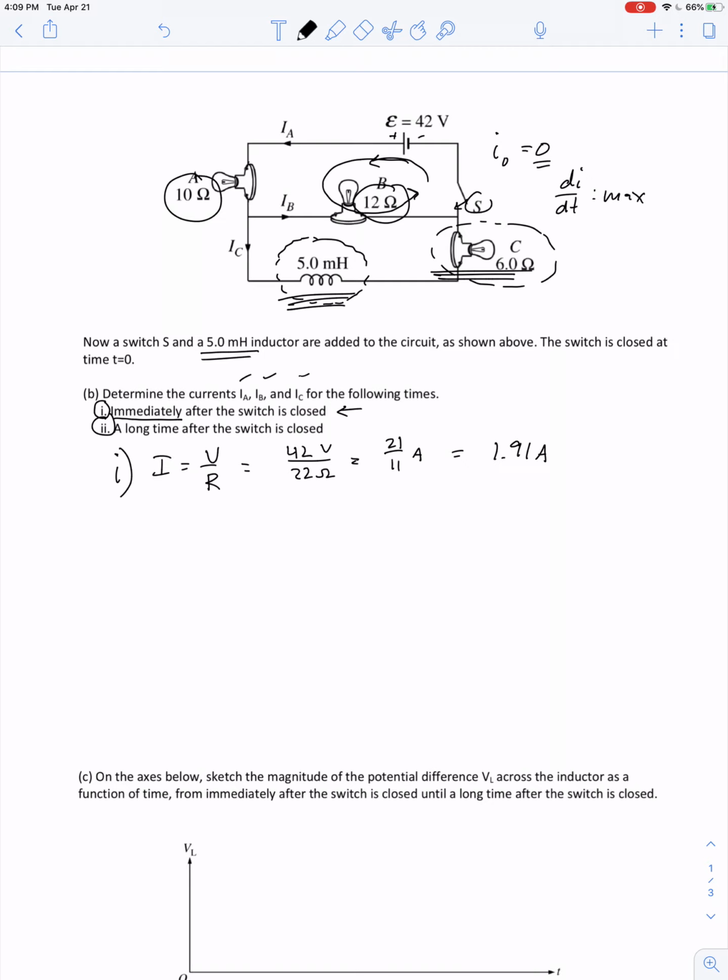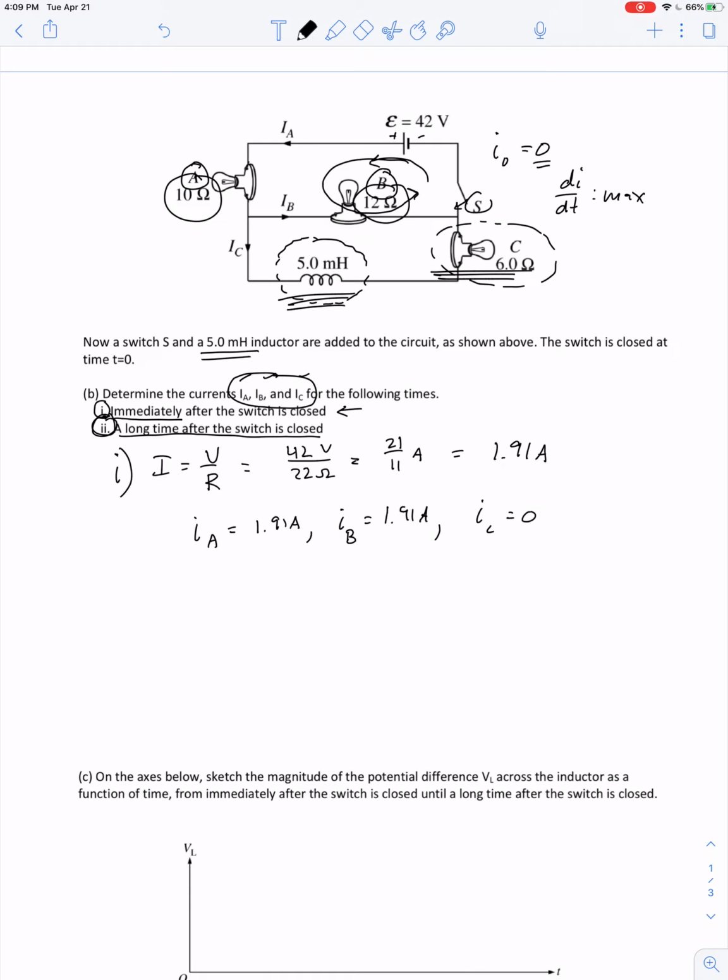Now, that's the current in bulb A and in bulb B, so let's make sure we're answering the question that they've asked carefully. IA is equal to 1.91 amps. IB is equal to 1.91 amps, and IC is 0.